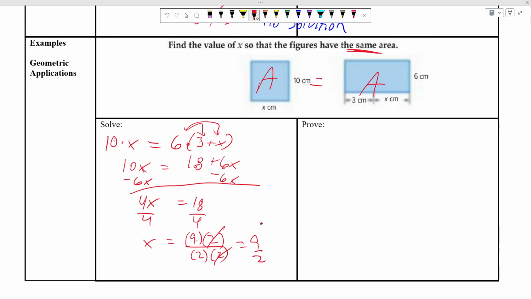Okay, that sounds interesting. I have a number here. Does that number make sense though? Well, let's plug it in and find out. So I have 10, as I said, 9 halves equals 6 times 3 plus 9 halves.